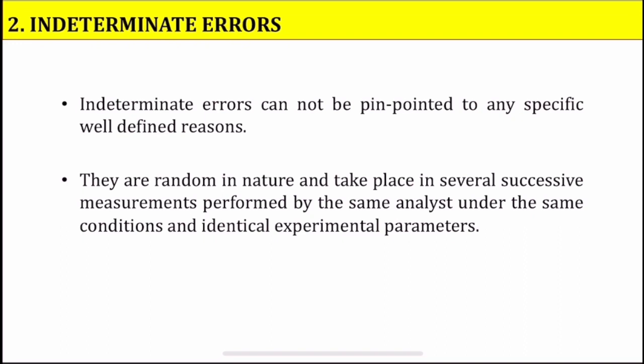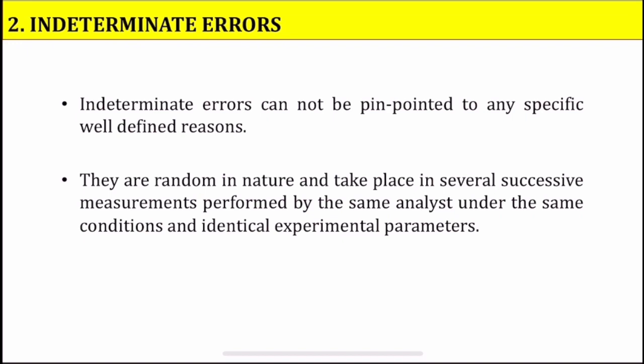Indeterminate errors take place in several successive measurements performed by the same analyst under the same conditions and identical experimental parameters. Even when the same person performs a series of measurements using the same procedure, tools, and conditions, indeterminate errors can still occur.